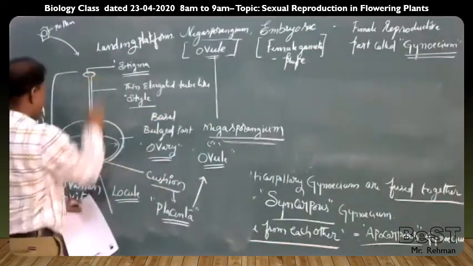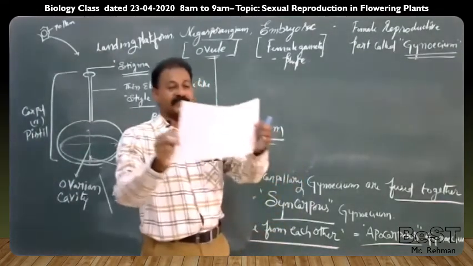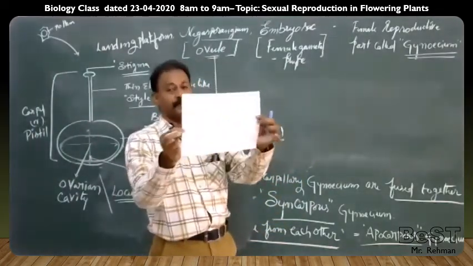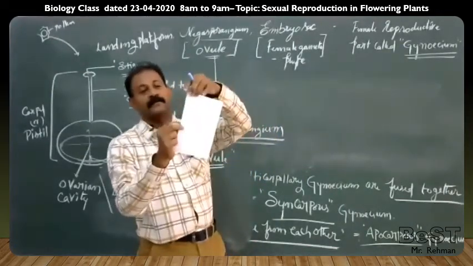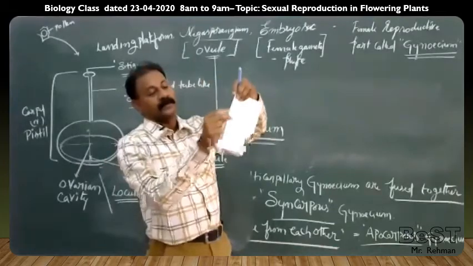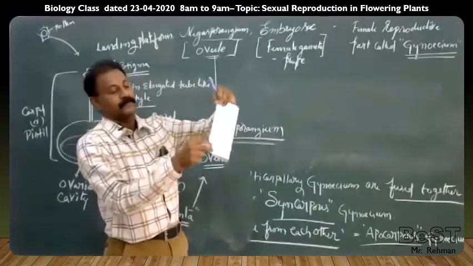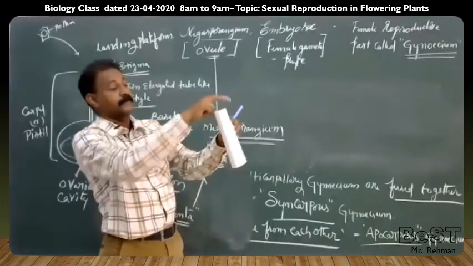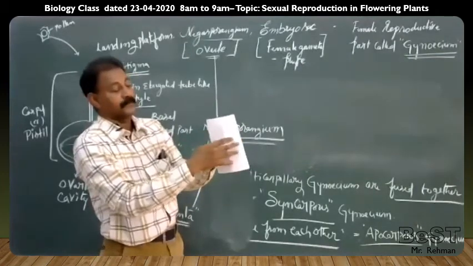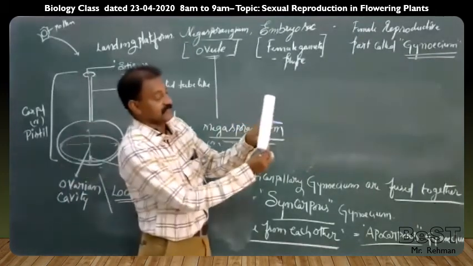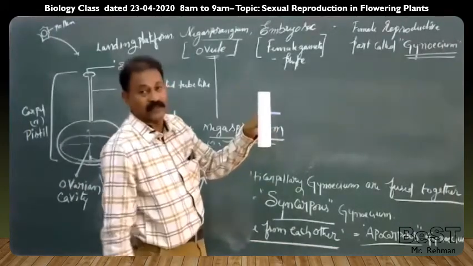This carpel or pistil is like this, a paper folded here. See here how this paper is folded in the half. Now, this is considered as a carpel or pistil.